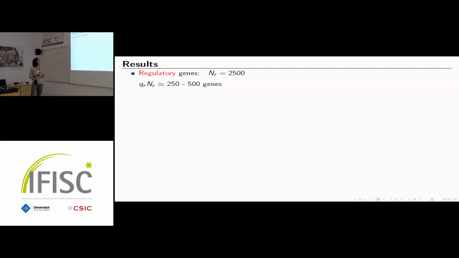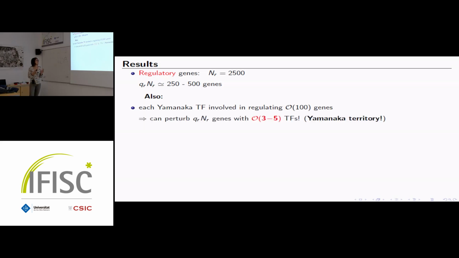And it turns out that each transcription factor used by Yamanaka is actually involved in regulating many genes, close to 100. So this was nice because it seems that indeed you would be able to trigger this transition with a few transcription factors of this type, 3 to 5.